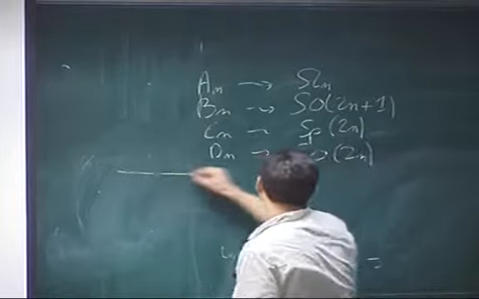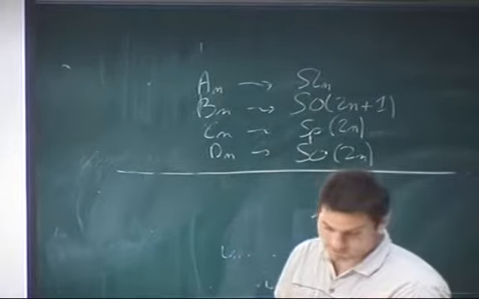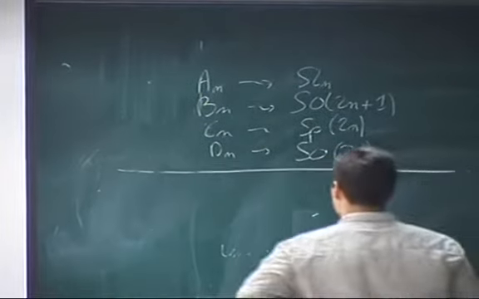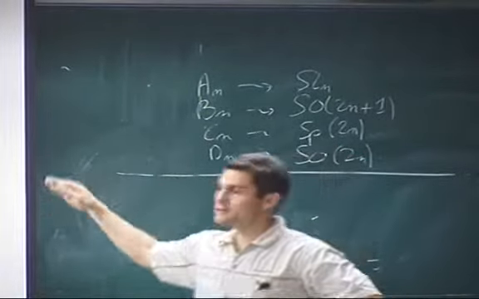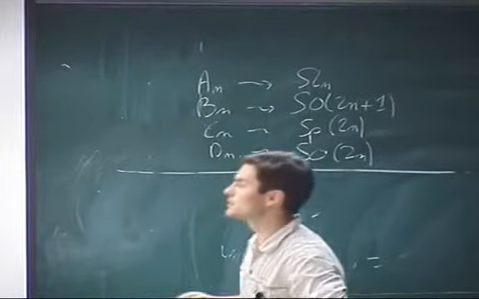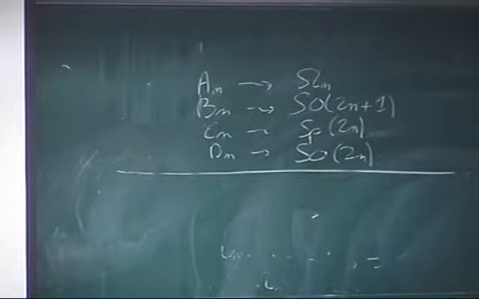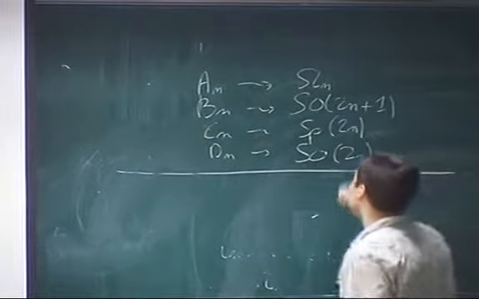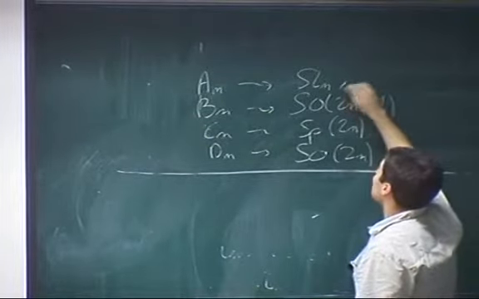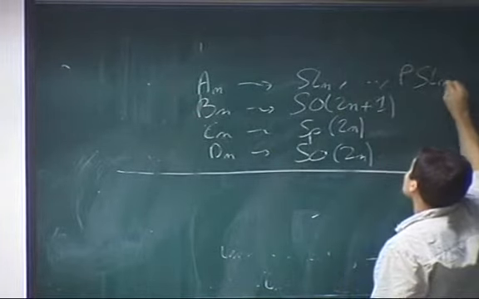So maybe here I want to say something on the group. The Dynkin diagram classifies the semi-simple Lie algebras, but it does not entirely classify the semi-simple groups, because for each Lie algebra we can have several groups. For example, here we have several groups, for example PSLn.